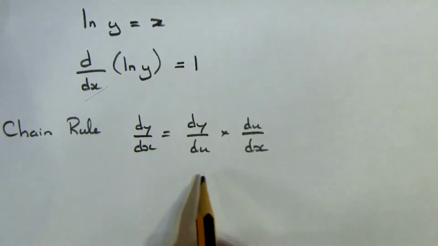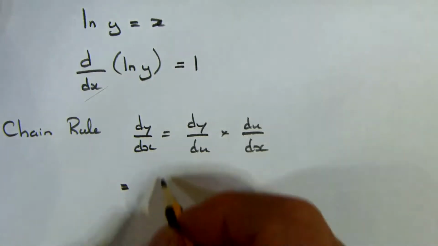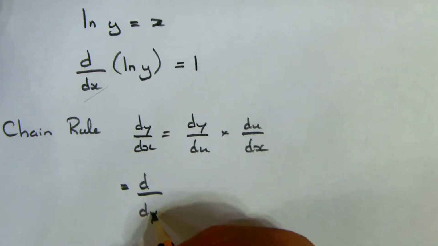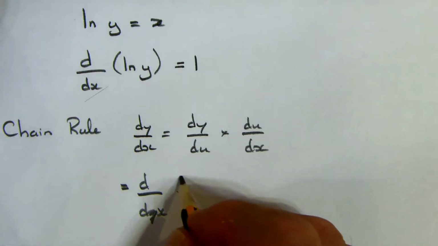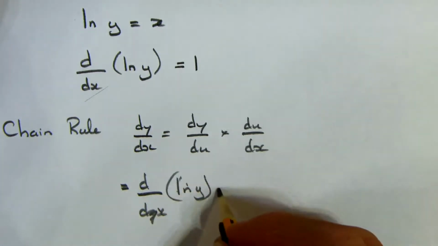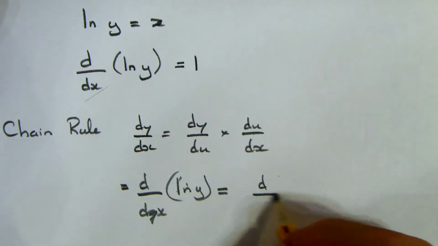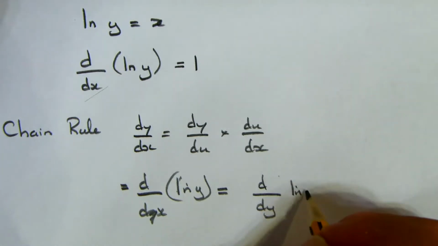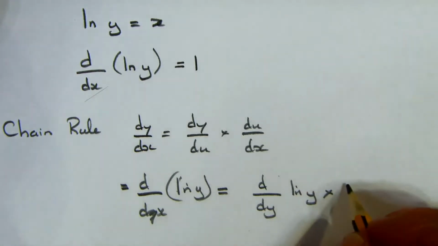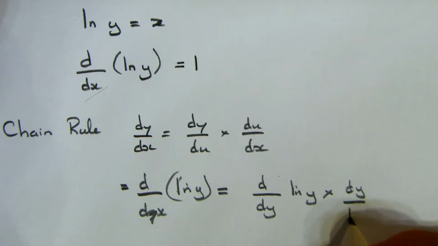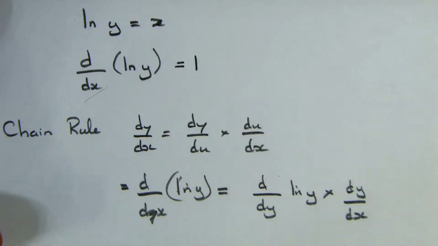If we write that in this form, then we're going to get d over dx of ln y equals d over dy of ln y times dy by dx. So there's our chain rule.